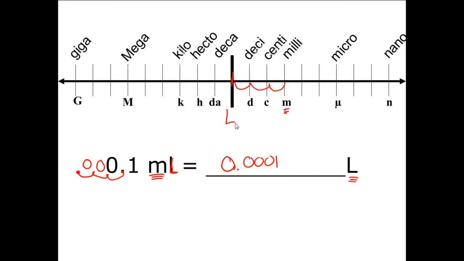So not only can you go this way over to milli, you can also start in millis and convert into something else called liters. So really cool, really easy to use. No matter how you're doing this, all you're literally doing is counting the number of places that you move. And as you become more familiar with it, you really don't even need a number line. You can just do it in your head.